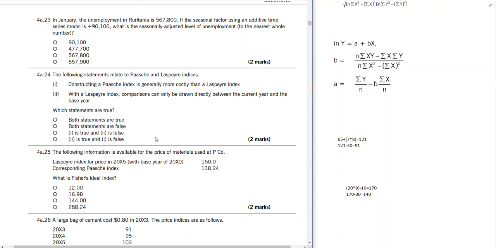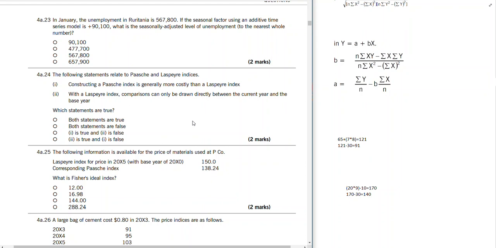With a Laspeyres index, comparison can only be drawn directly between the current year and the base year. We do the same with Paasche. With both of them, we do comparison between current and base year. It is not just Paasche, not just Laspeyres.